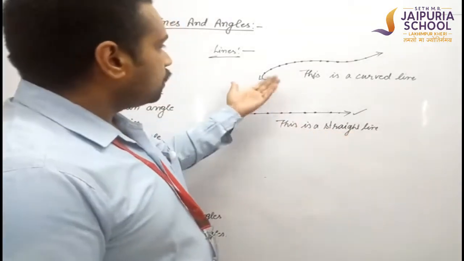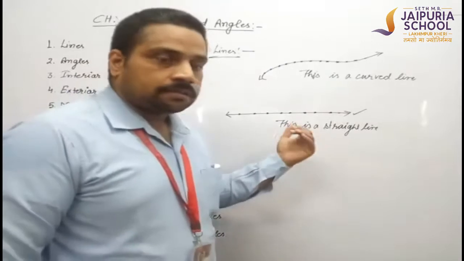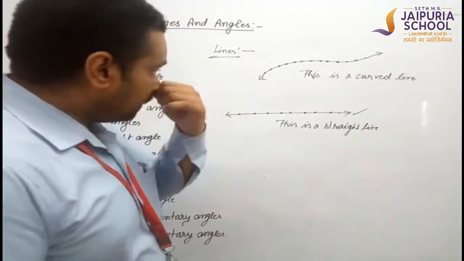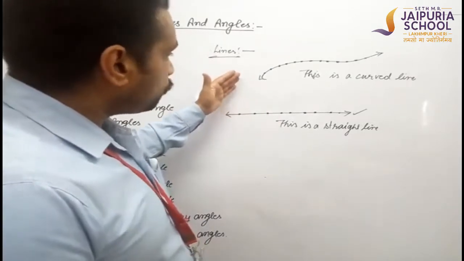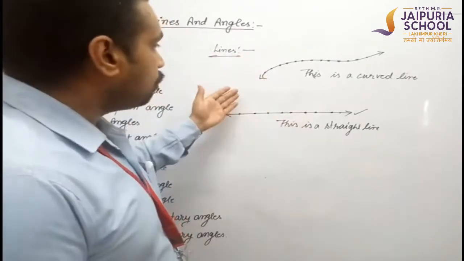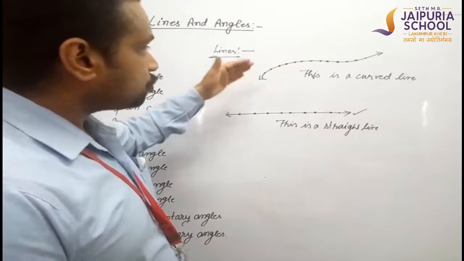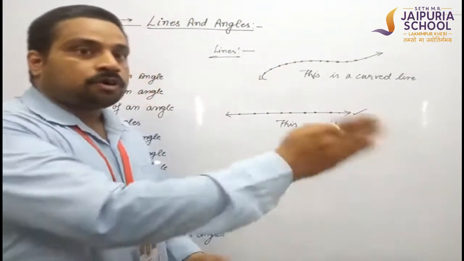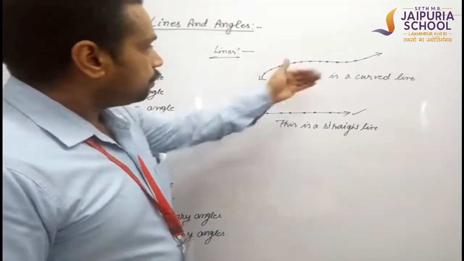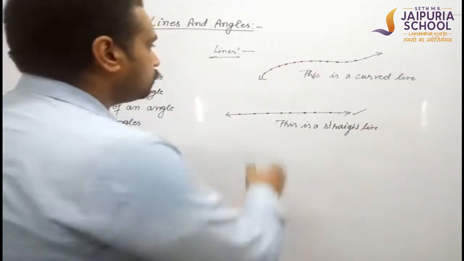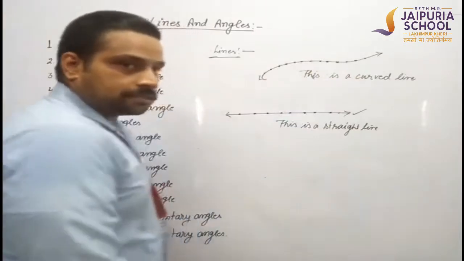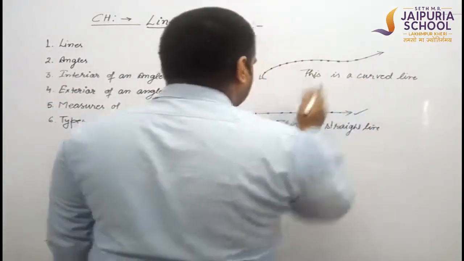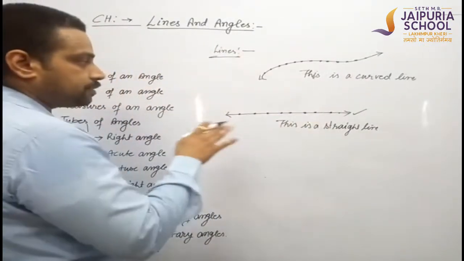And when your class 9 line is moving towards the classes, then when you are approaching your class, the students bend because of the path of the school campus. So this becomes a curved line, and this is a straight line.